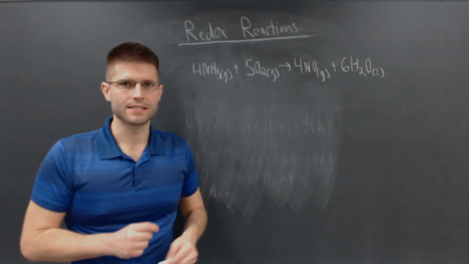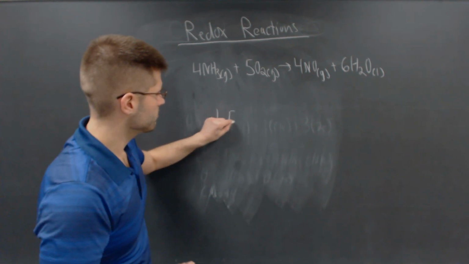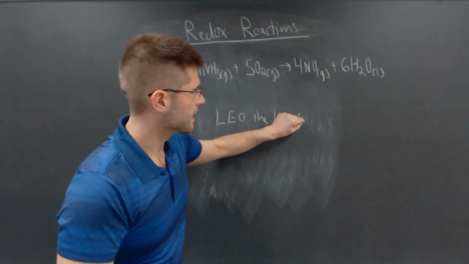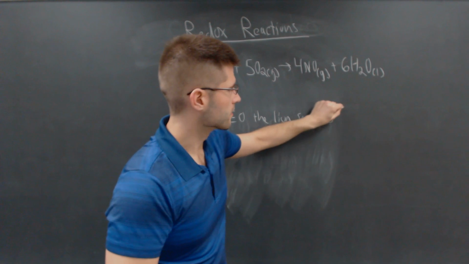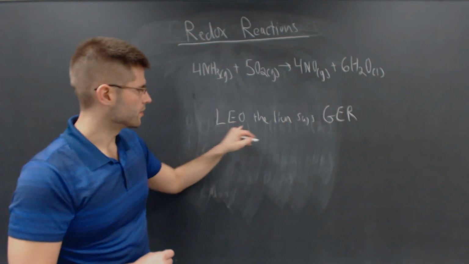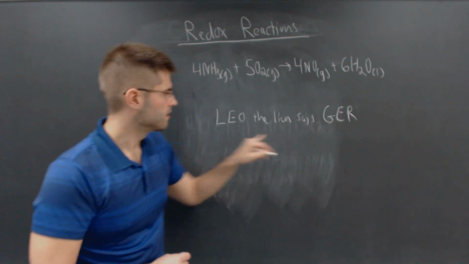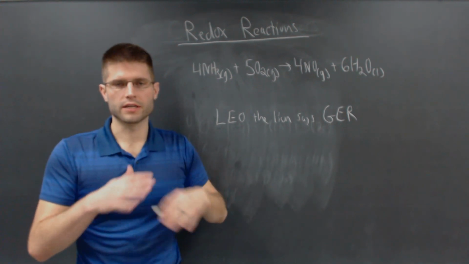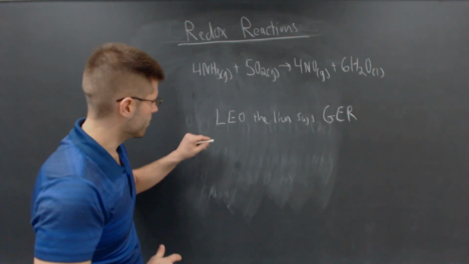Leo the lion says grr. Okay. So the words with the capitalized letters are going to be what tell us how we're going to use this mnemonic. So let's take LEO.